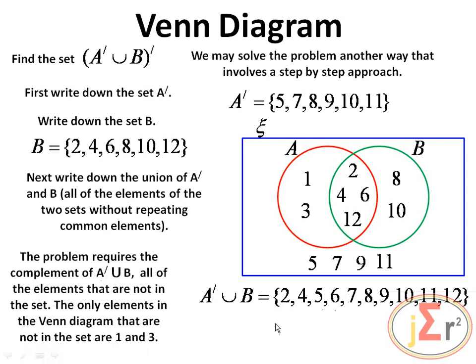So the problem requires the complement of A complement union B. All of the elements that are not in the set, the only elements in the Venn diagram that are not in the set are 1 and 3, and A complement union B all complement is equal to 1, 3.